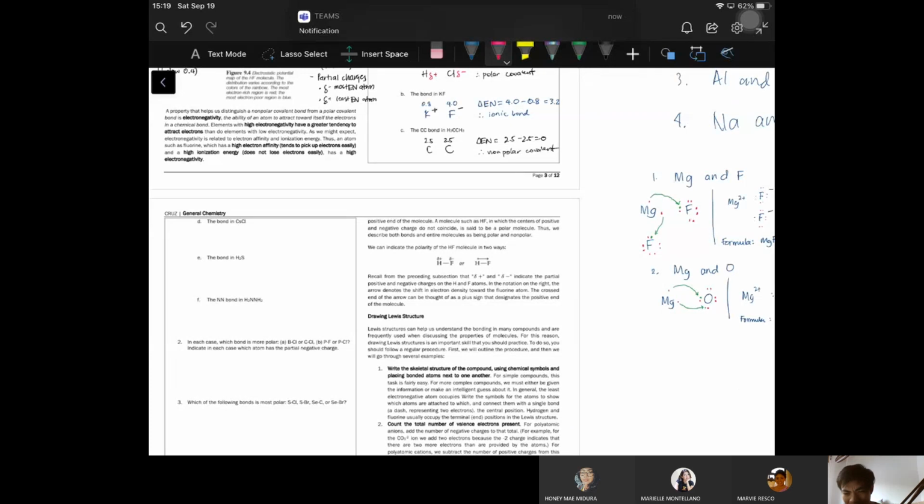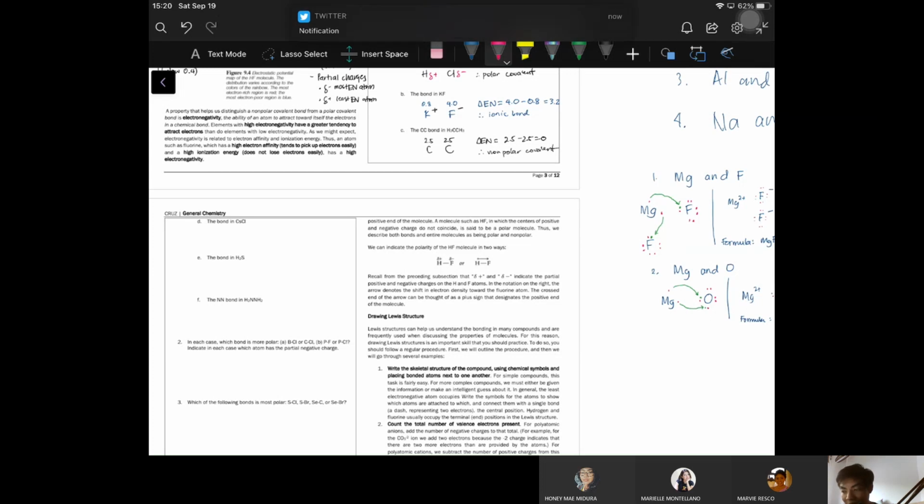May lalabas po kayong exam. Ano pa yun sa October? October 12 to 19 pa yung exam posting. Pero so far, bibigyan ko lang kayo ng quizzes. And then magbibigay ako ng summative test.